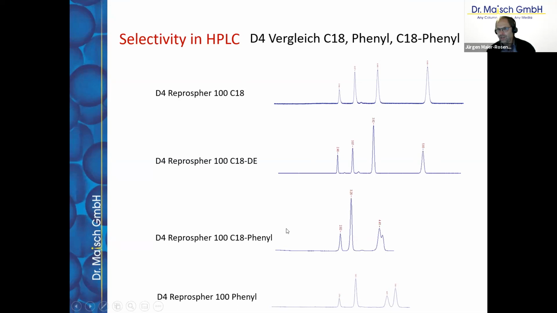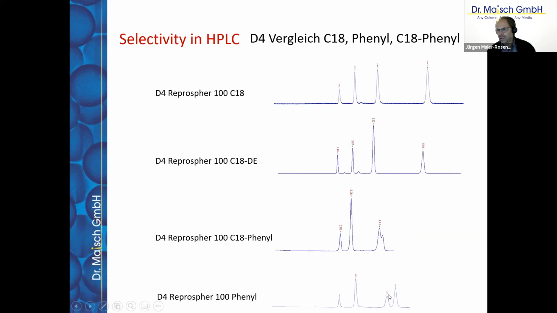What we're seeing here is the additional polar interaction of the toluamide with the phenyl rings. So we have an increased retention. And on the pure phenyl phase, we have a peak exchange.